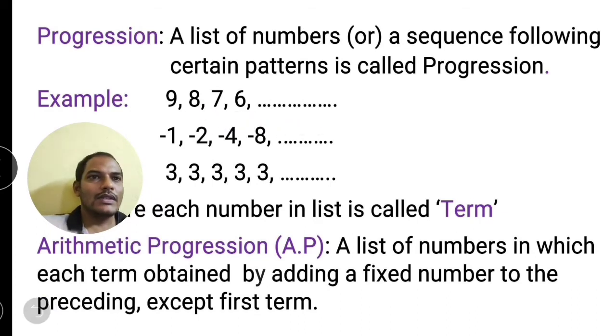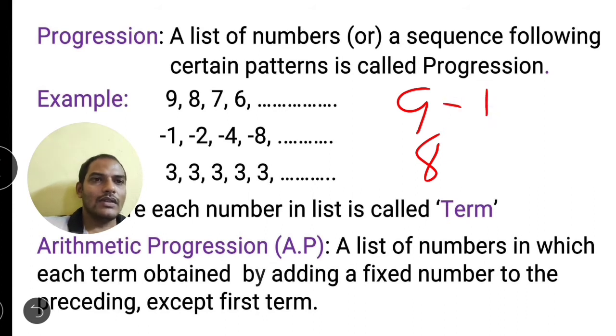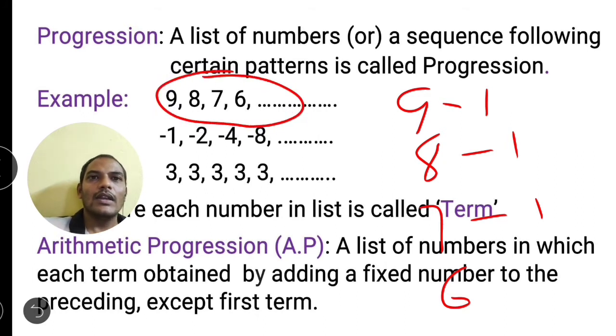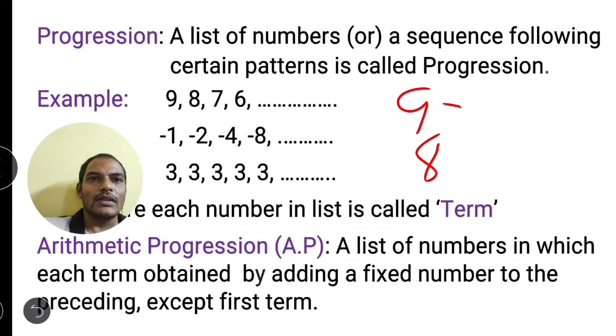See here, first number is 9, next number is 8. What happened here? 9 minus 1 equals 8. Next third number 7, 8 minus 1 equals 7. Next fourth number is 6, 7 minus 1 equals 6. So that means 9, 8, 7, 6 follows a particular pattern, so it is a progression.